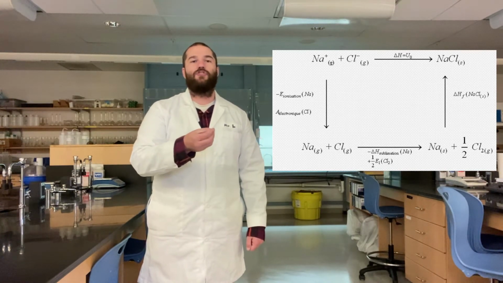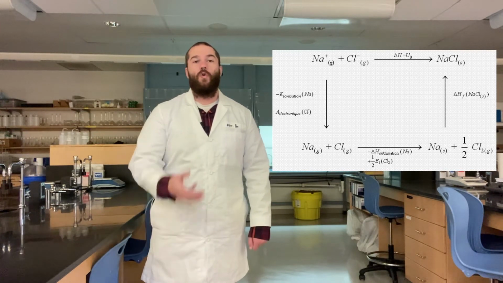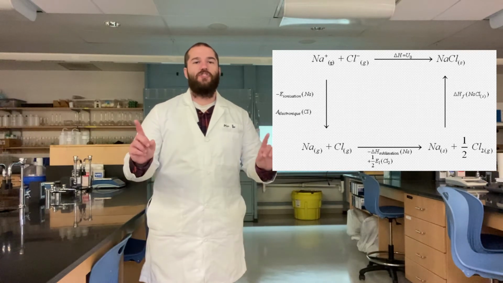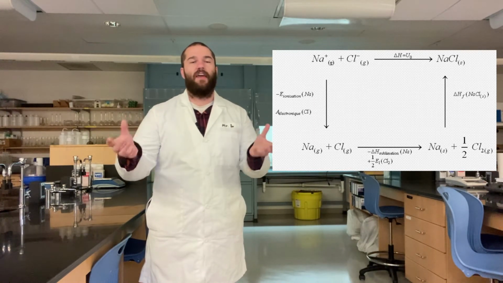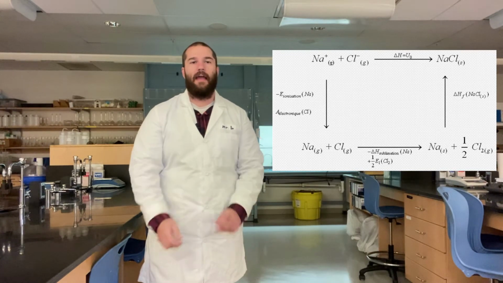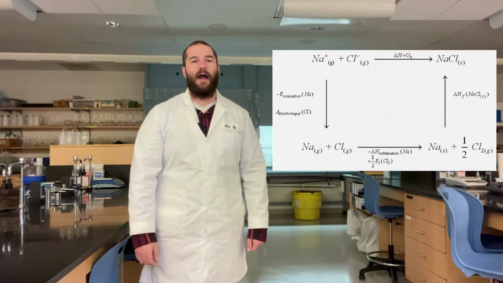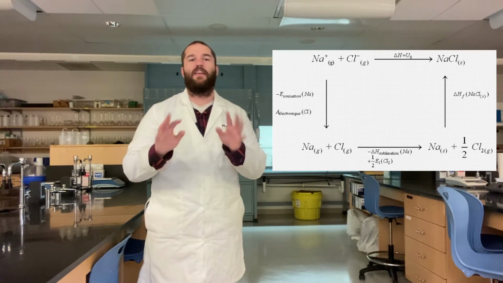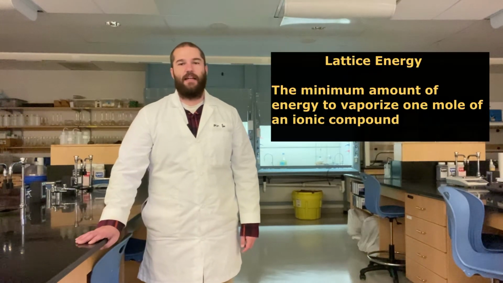And then that electron is going to be given or taken to chlorine to form chloride ion. And then eventually you're going to have a huge release of energy by having these oppositely charged ions come together to form the ionic compound. And so therefore, ionic compound formation is typically exothermic, where it gives off heat. So that brings us to our next idea of lattice energy.